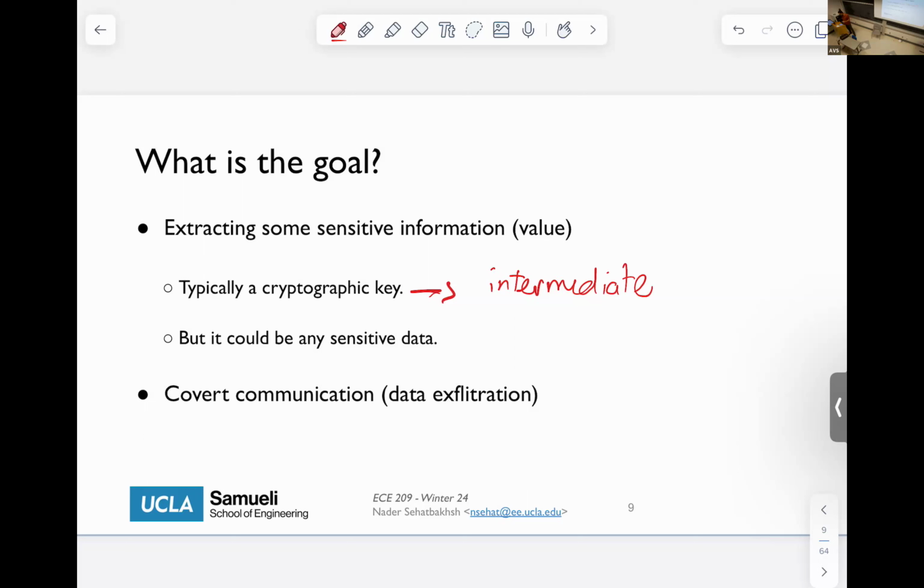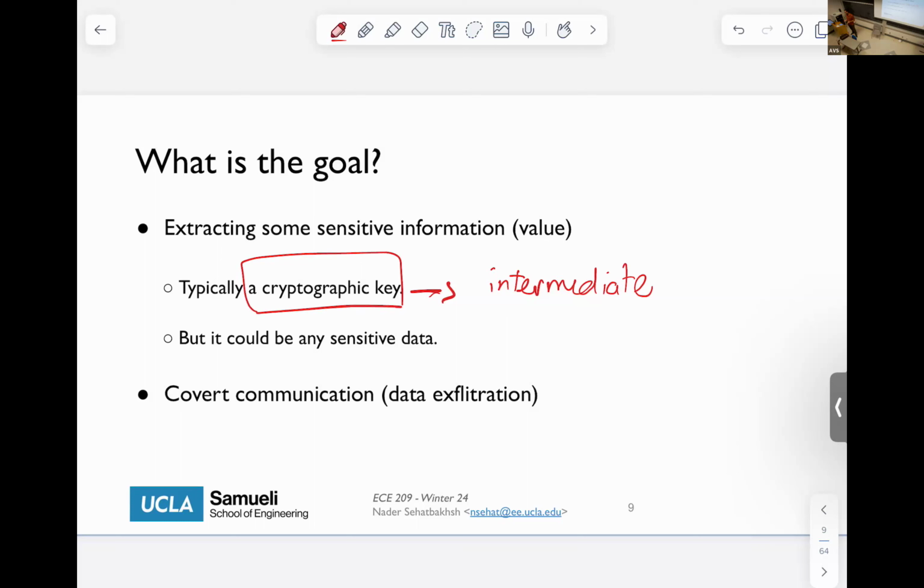And the one thing that I wanted to emphasize is that these days it's not just cryptography keys. There are many, many other secrets in your devices that you may want to protect. This includes private information, bank accounts, stuff like that. There's also the software itself, which might be intellectual property, especially when it comes to industries and companies, right?